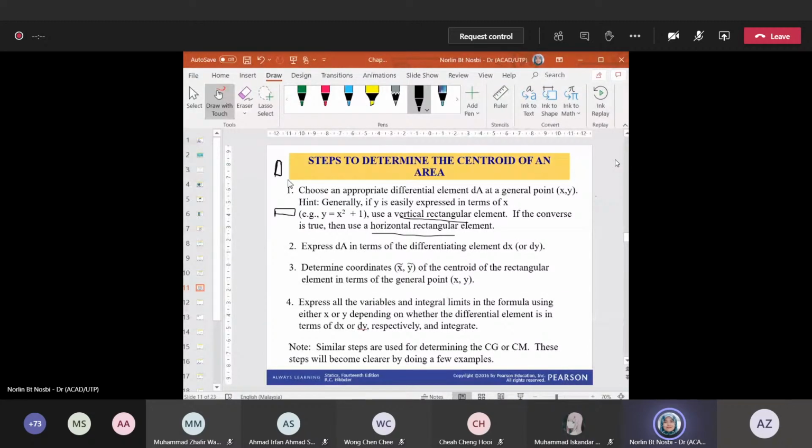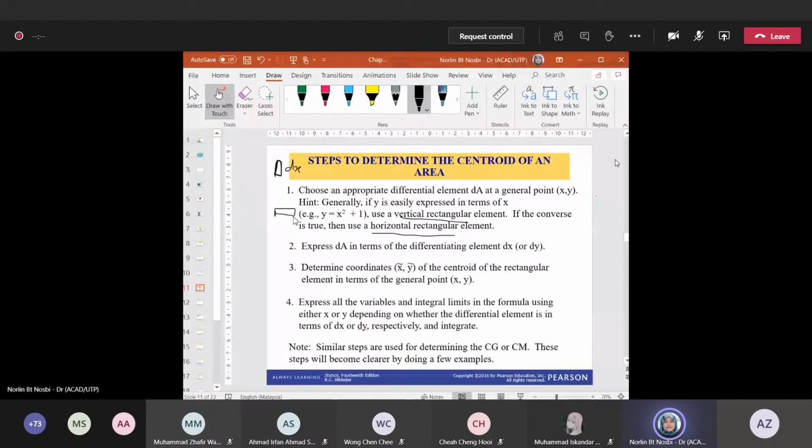Okay, step number 2, you need to express the differential element in terms of dx or dy. If you use vertical, it would be dx. If you use horizontal, it will be dy.